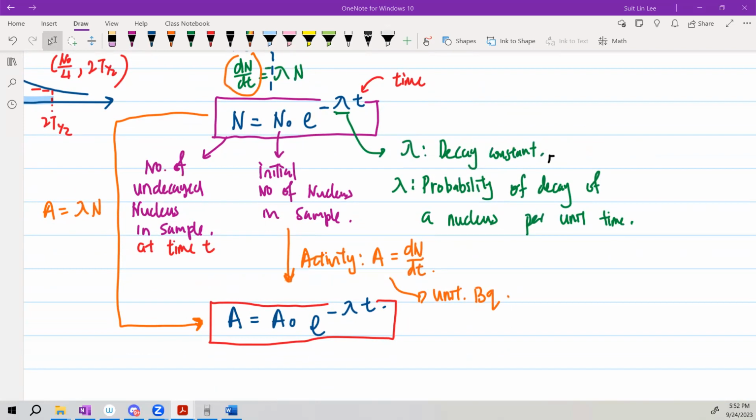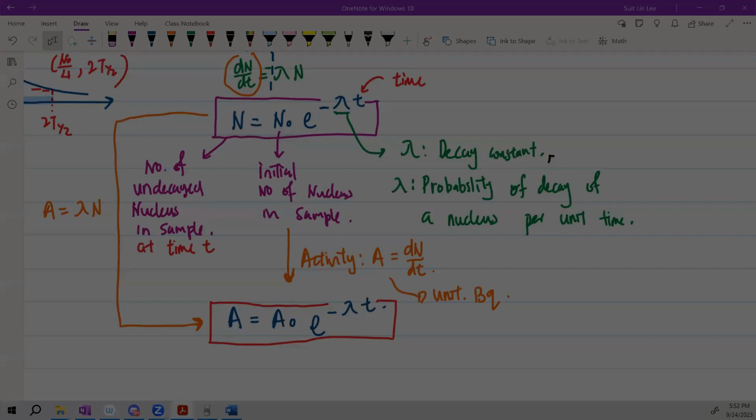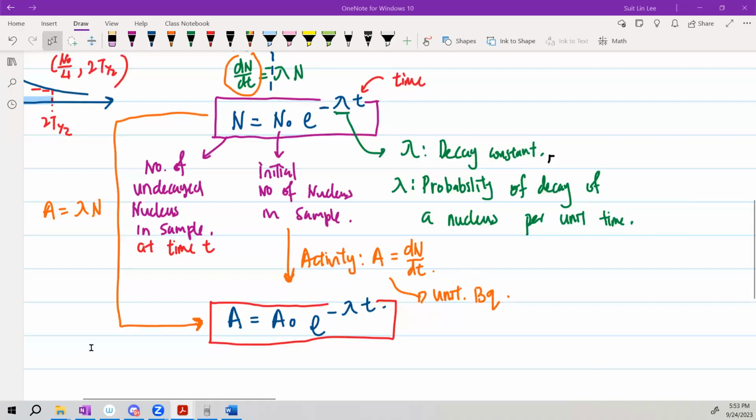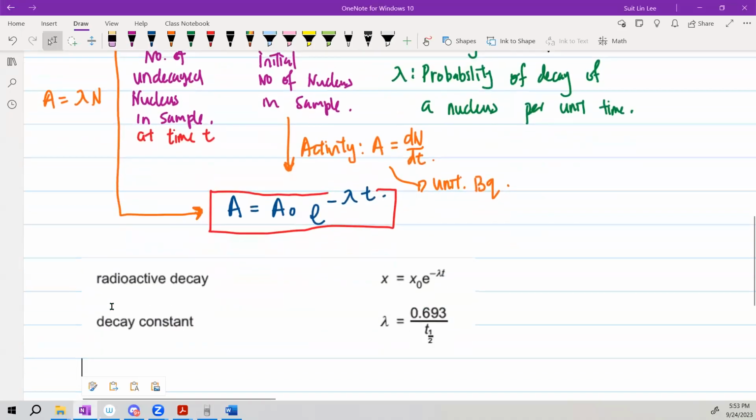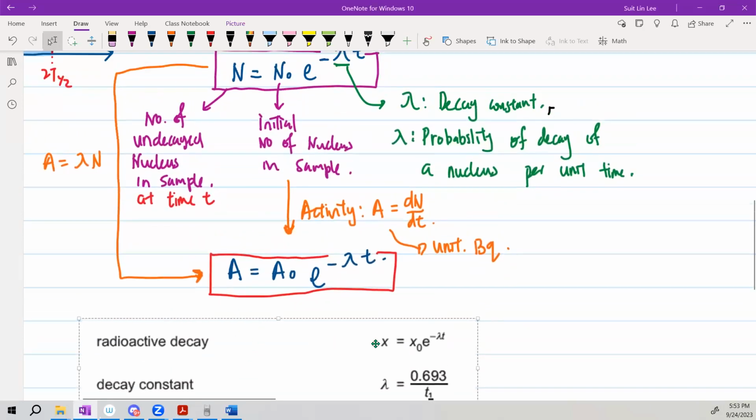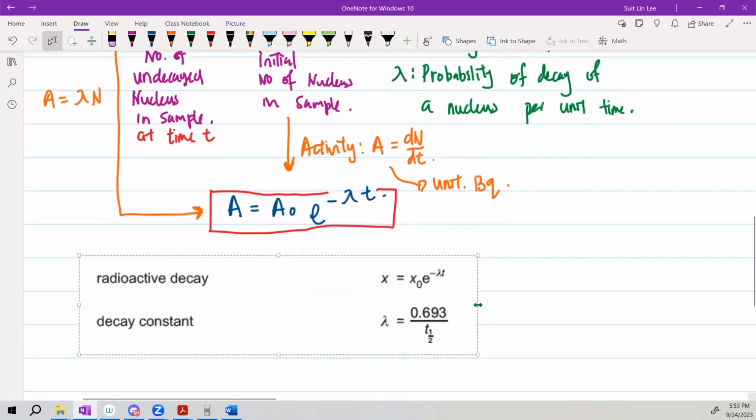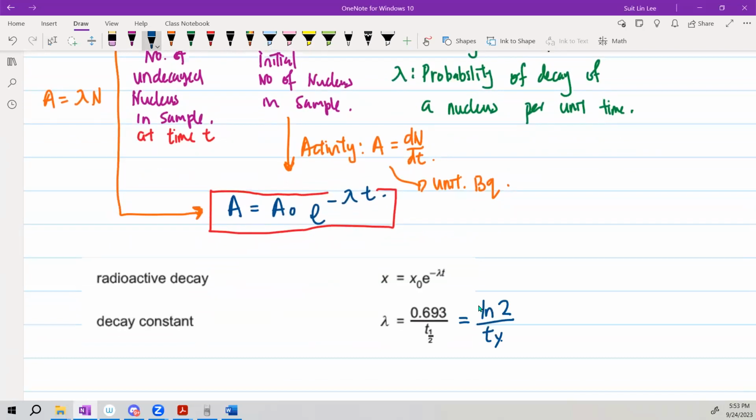So in the formula list, you will be given these two equations. If you observe, in place of x and x naught, I can put N or A, depending on whether I want activity or the number of undecayed nuclei. And then lambda is 0.693 over half-life, or my preference is ln 2 over half-life.